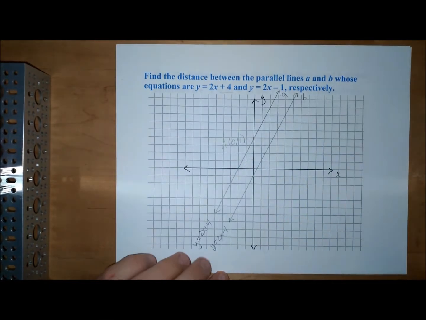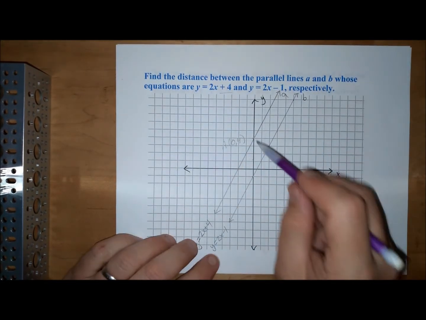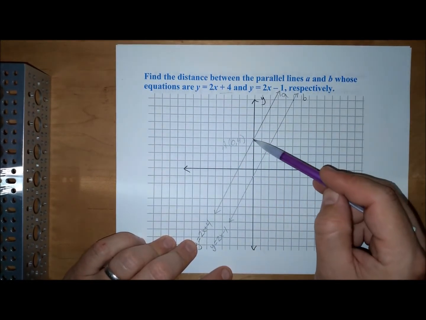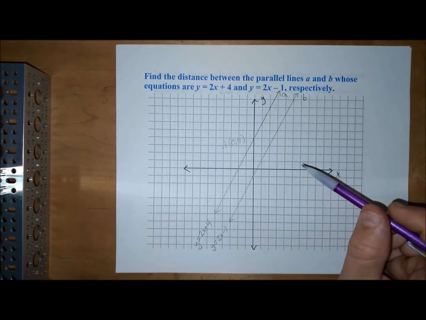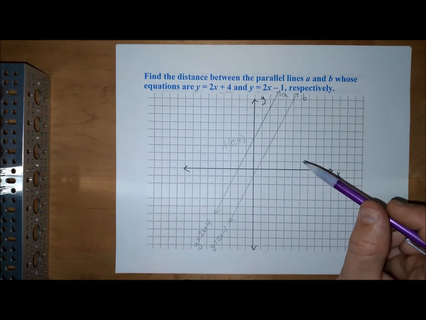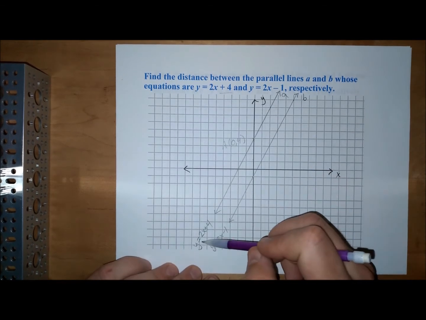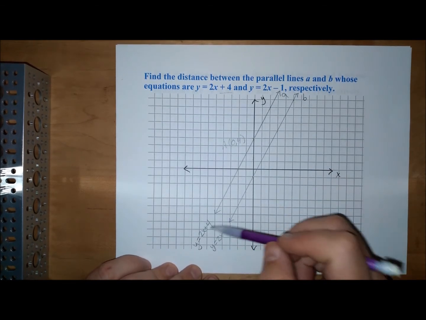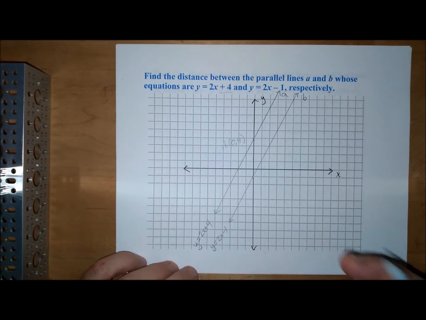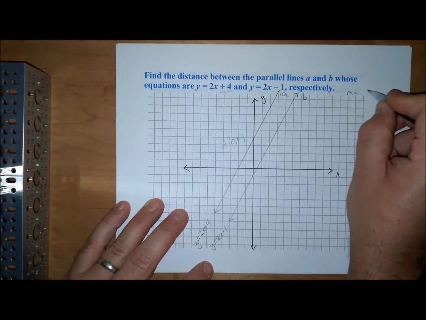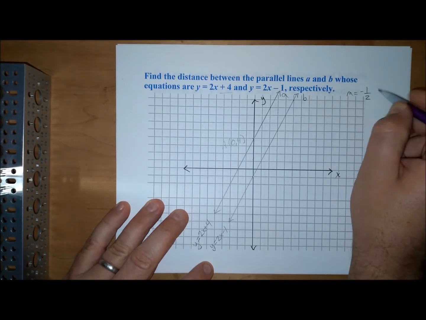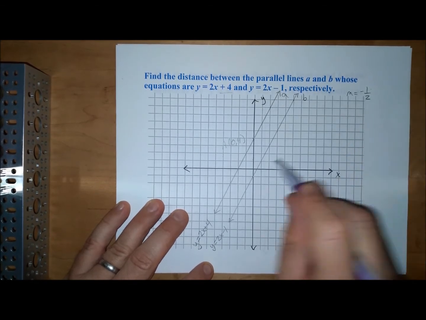Okay. Now I want to establish a perpendicular line that passes through A that intersects B. What is the slope of that perpendicular line going to be? Well, to be perpendicular to this line, which has a slope of 2, it's going to have a slope of -1/2. Okay, my slope of my perpendicular line will be -1/2, which means down 1 over 2.